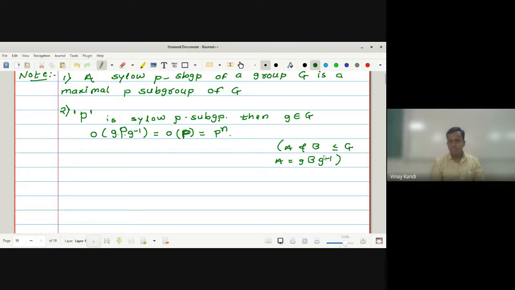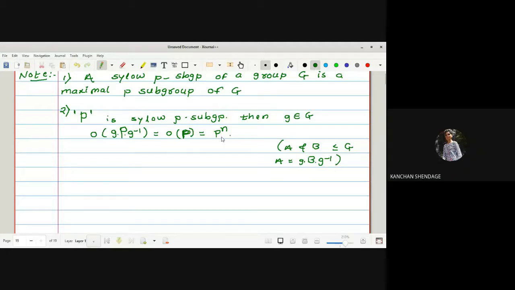If A and B are two subgroups of G, and A is equal to g B g inverse, then we say that A and B are conjugate subgroups of each other. Okay? Any doubt? So whatever the order of this P is, its conjugate subgroup g P g inverse will also be a Sylow P subgroup. Okay, and its order will also be P raised to n. Okay, any doubt?